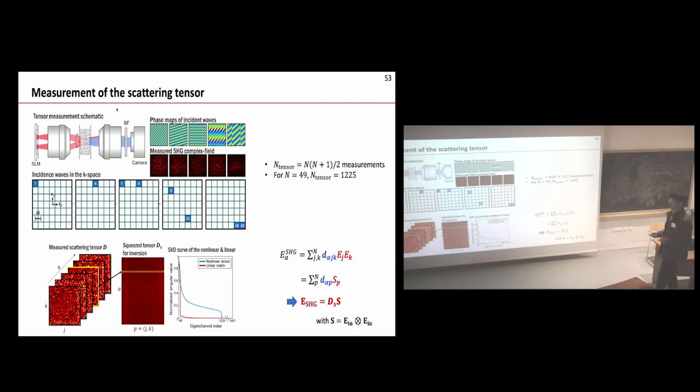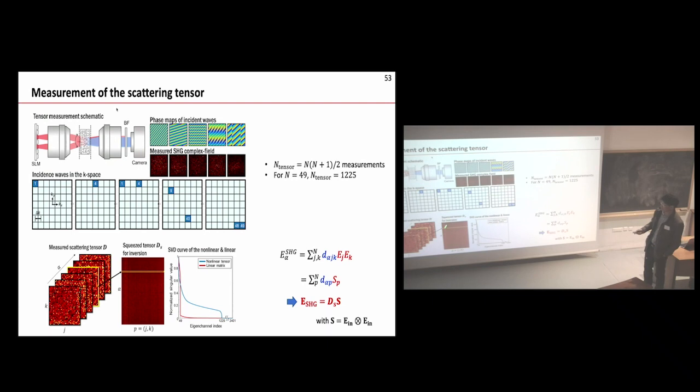But for second harmonic, you have to turn on two possible pairs. And then from these pairs, you need to find the cross term for these two channels. So for example, if you are considering 49 channels, for the linear medium you need only 49 measurements, but for second harmonic you need this many measurements.